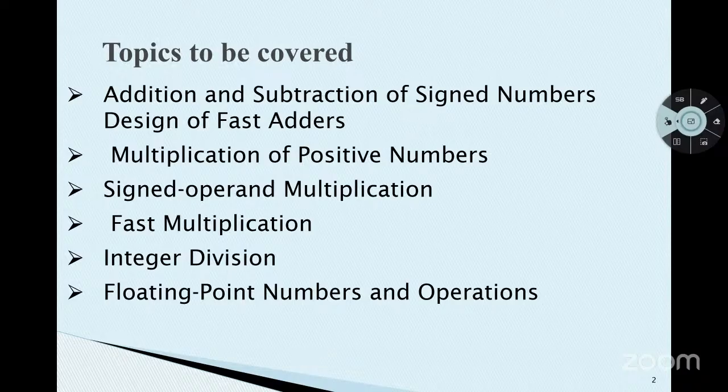Negative numbers we are representing using complement form, that is 1's complement or 2's complement. Anyone knows what is the 1's complement, what is the 2's complement? Without knowing the 1's complement and 2's complement, how? The next multiplication also uses them. Division is the same; addition, subtraction are the same; we are using negative numbers.